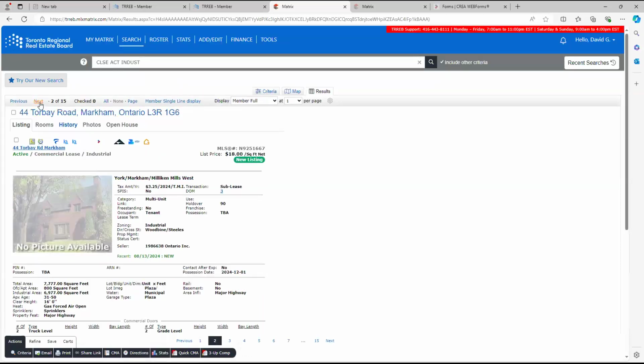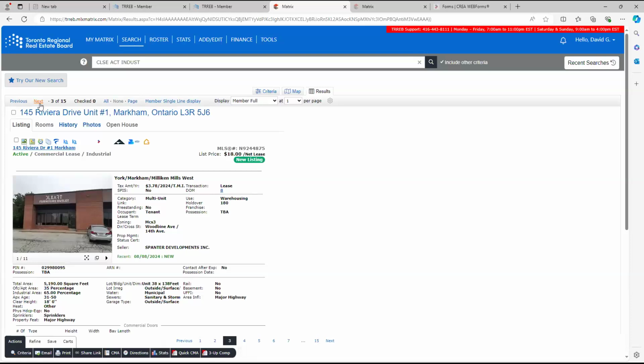Okay, and this is another one. This is $18 per square foot, and the size looks okay. The office area is 35%, so that's good for my client. It's for wholesale, right? 65% is storage, and 35% is office and demonstration, which we call a showroom. You can use that.